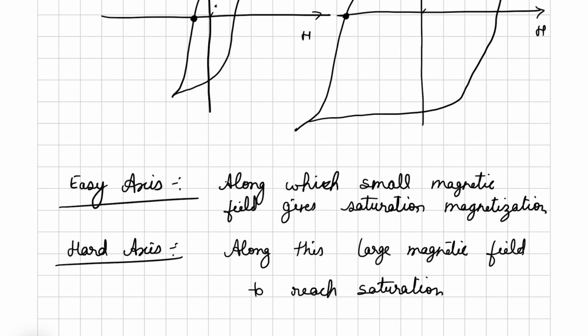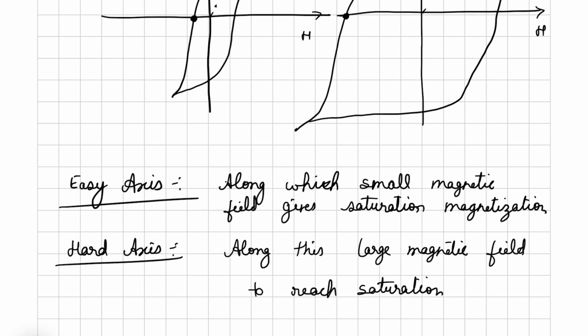And the hard axis would be, for example, let's say your spins are more or less aligned along the z-axis. If you apply a magnetic field along the z-axis, you will reach the saturation magnetization very quickly, because most of the spins are oriented along the z-axis.